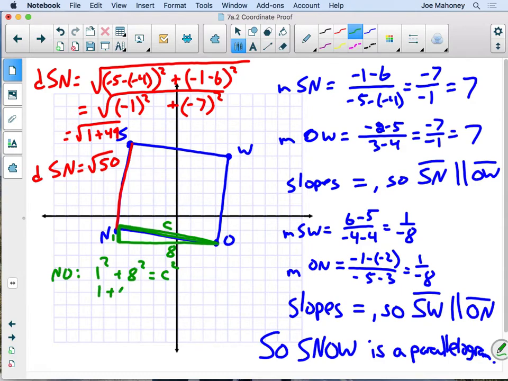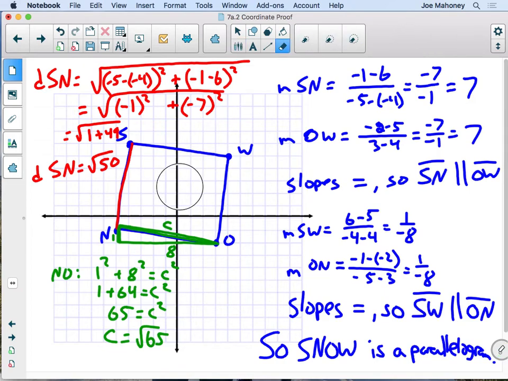So I get 1 plus 64, or 65, is equal to C squared. So C equals the square root of 65. Now, when I compare those 2 values, one side is radical 50. The other side is radical 65.